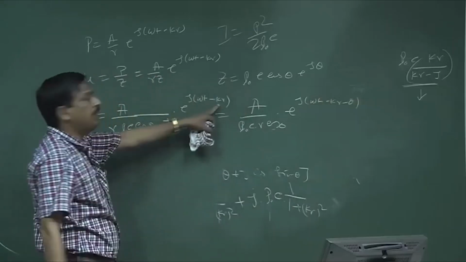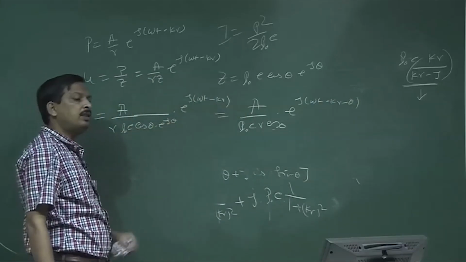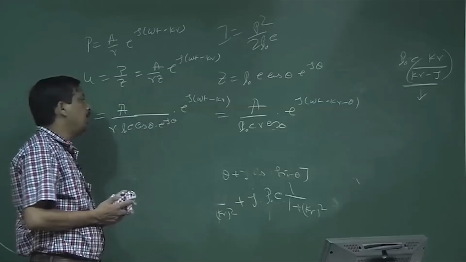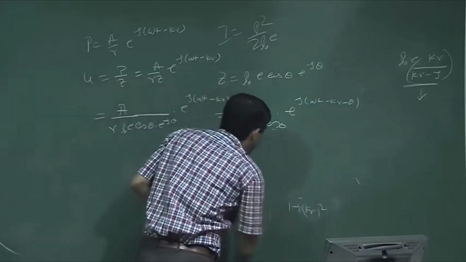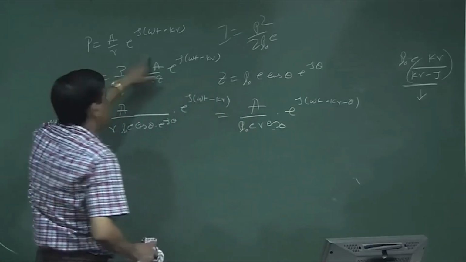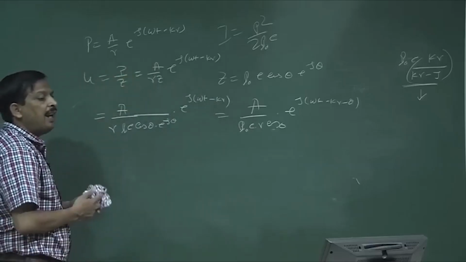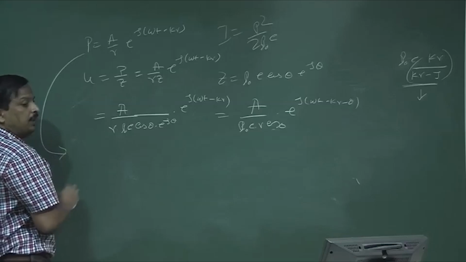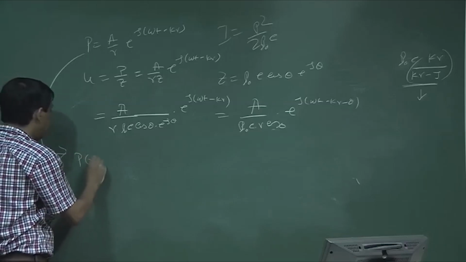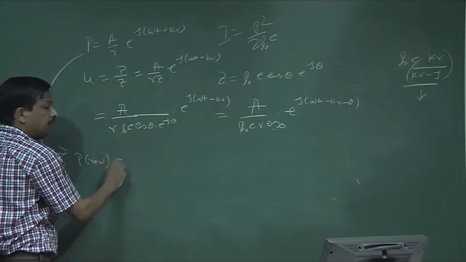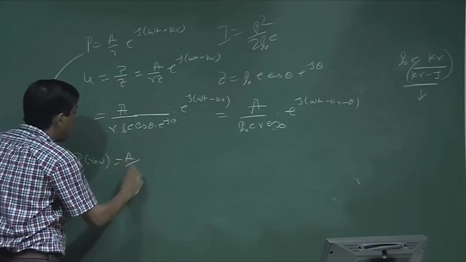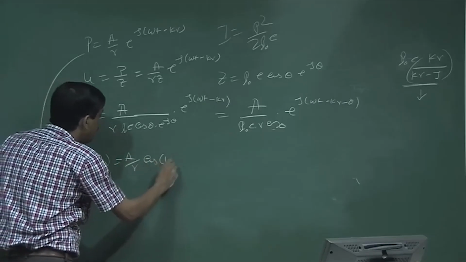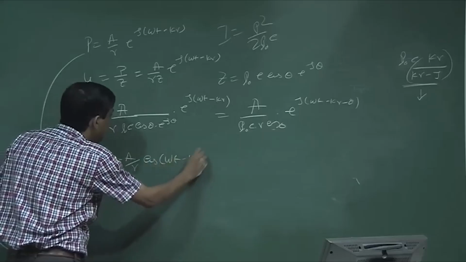Now, this is u and this is p. So, what is the real part of p? The real part of p is nothing but A by r cos(omega t minus k r).